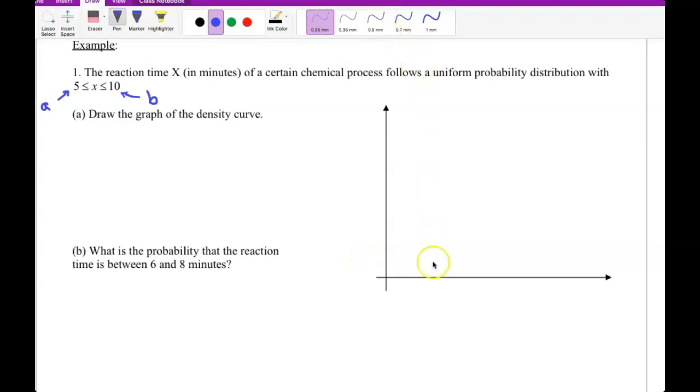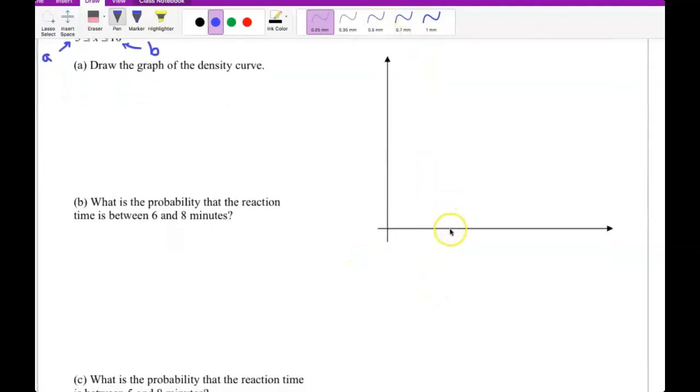Okay, so our points here, so this is 5, and here I have 10. Now what I have here is 1 divided by B minus A, so that is equal to 1 divided by 10 minus 5, so it's equal to 1/5. So let's say here is 1/5.